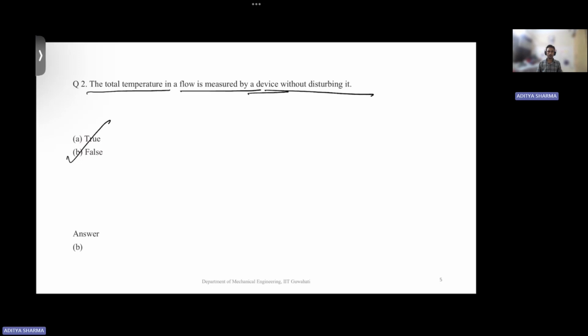But in experiments, you'll have to weigh what amount of intrusion is okay for your study. So you'll have to take a call, whichever flow you are trying to study.